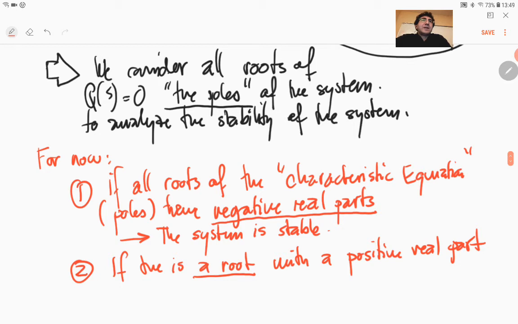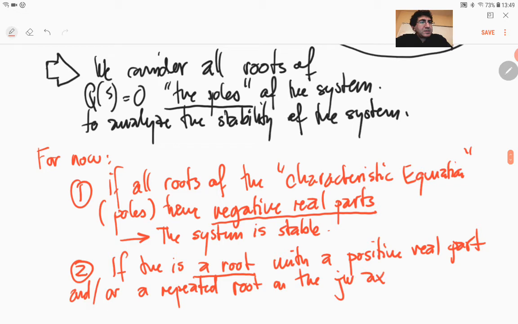So if there is a root with a positive real part, or a repeated root on the j omega axis, repeated root means that you basically have two poles at the same location on the j omega axis.